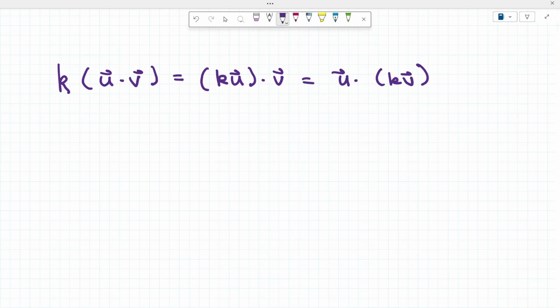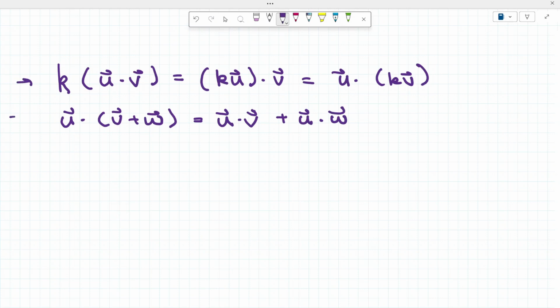And then we also have this distributive property that u dot (v plus w) equals u dot v plus u dot w. So these are two key properties to know.